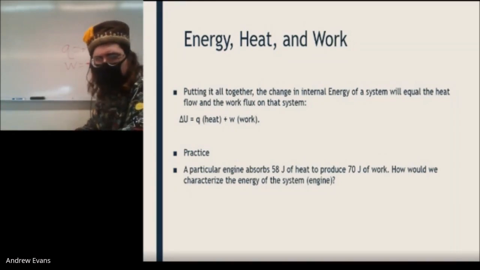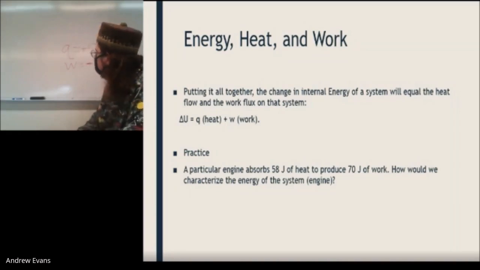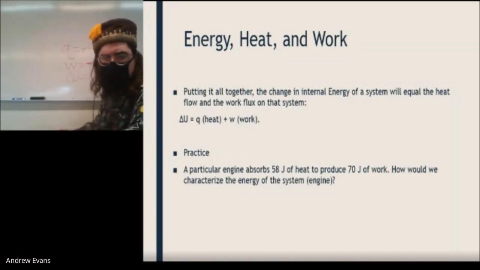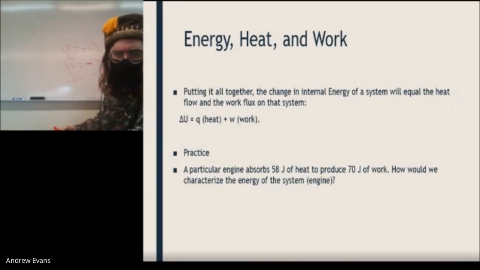At that point, to find the internal energy of that system, you would add the heat and the work. When you add the heat and the work, you get your change in internal energy is equal to negative 12 joules. Negative 12 joules.